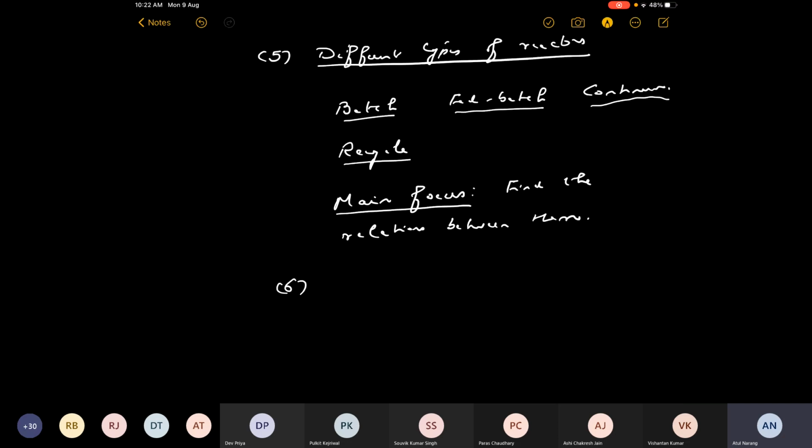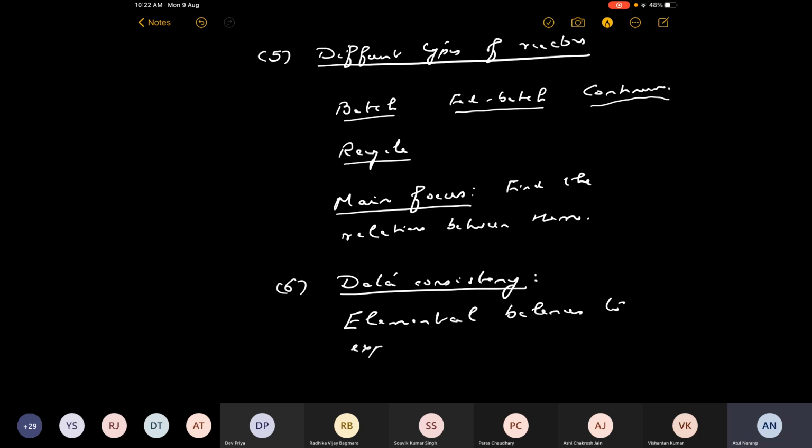Now the last part, I don't know if I'll have the time, is on data consistency. This part uses what are called elemental balances, which I'll explain in a minute.